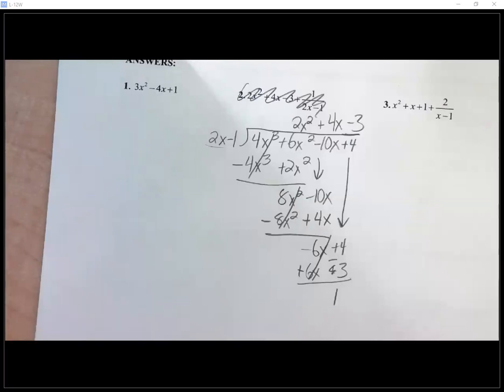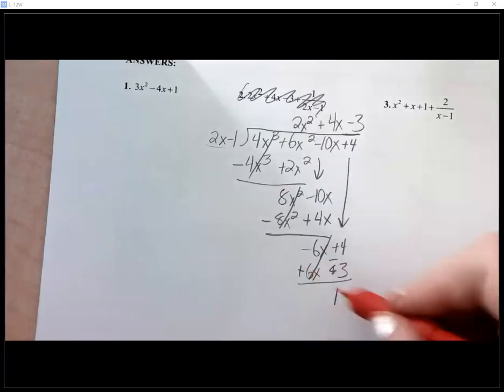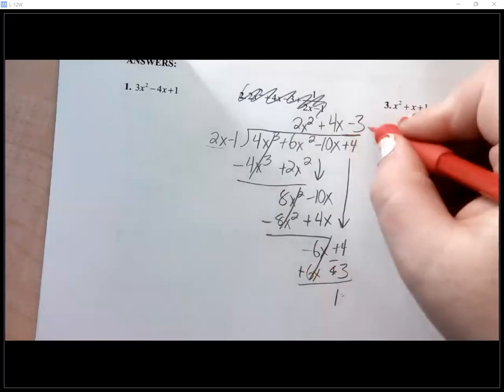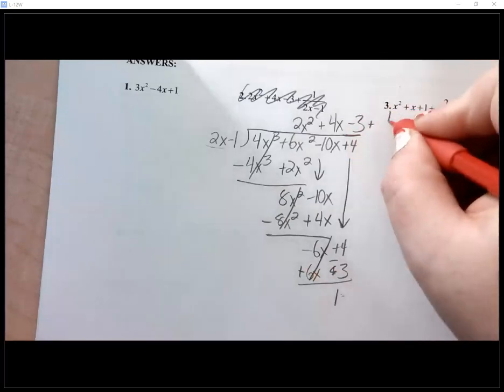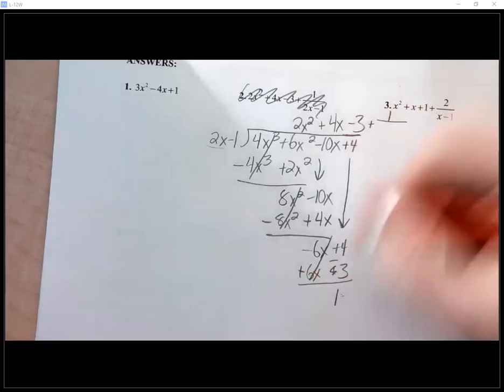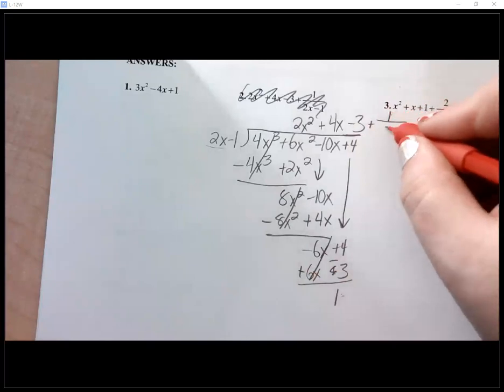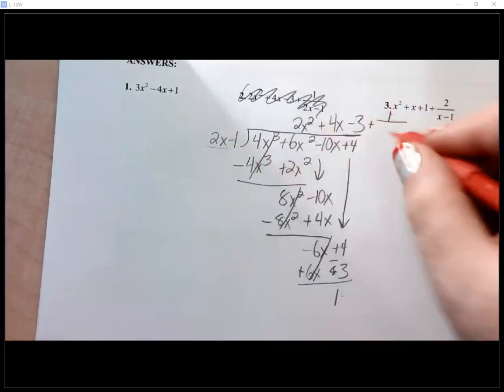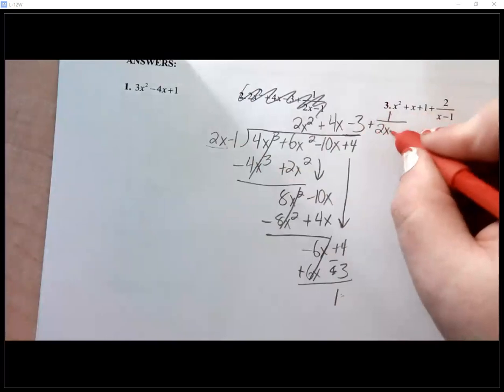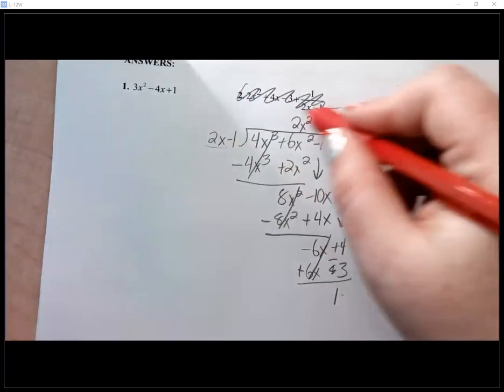Okay, great. Now, all I have to do to write our final answer, just like when it was numbers, whatever that remainder is, I'm just going to add that on as a fraction. So I'm going to add on my remainder of 1 over whatever you were dividing by, 2x minus 1 in this case. So that whole thing is now my answer.